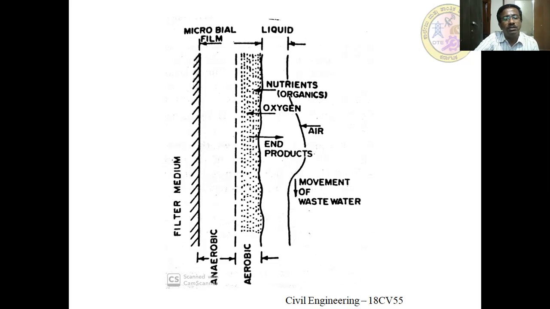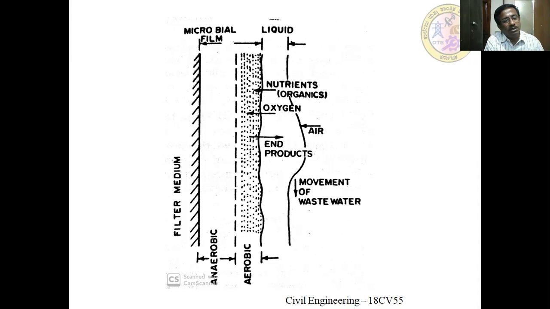The end product that comes out is usually free from organic matter. Once the wastewater flows over the media, an aerobic reaction takes place at the outer film, and the thickness of the film usually varies from 0.1 to 0.2 mm.